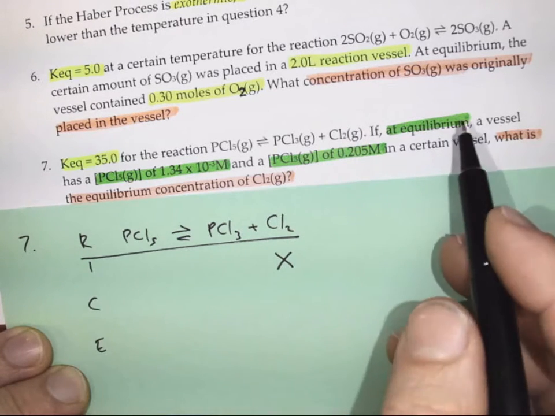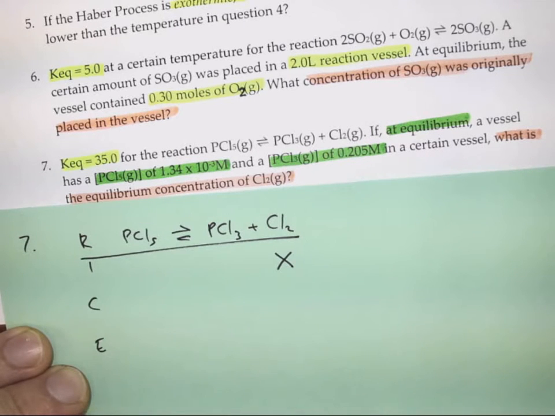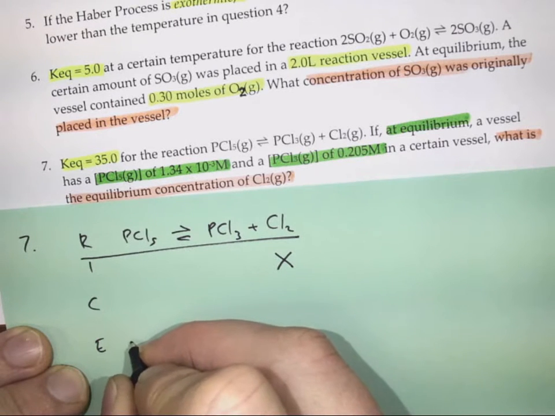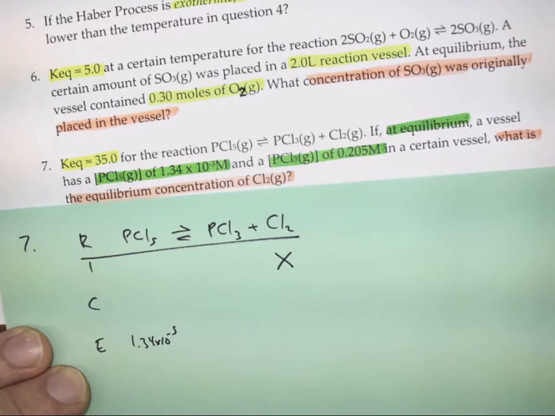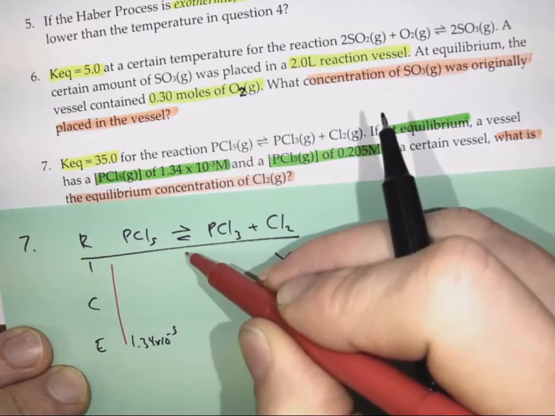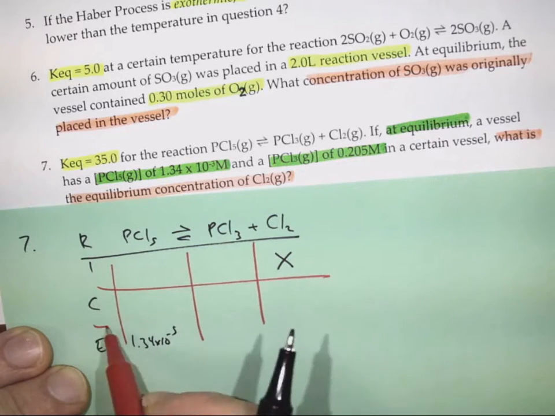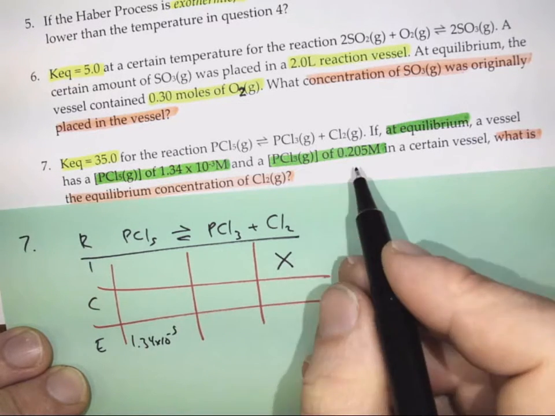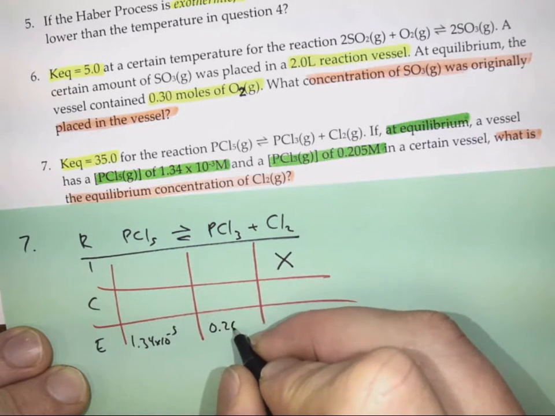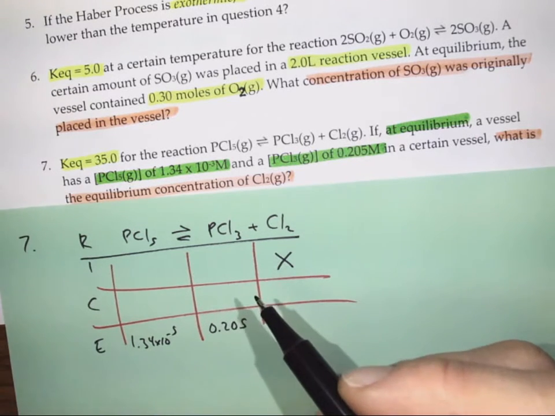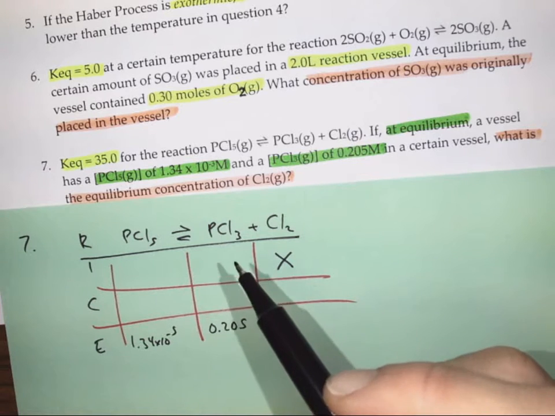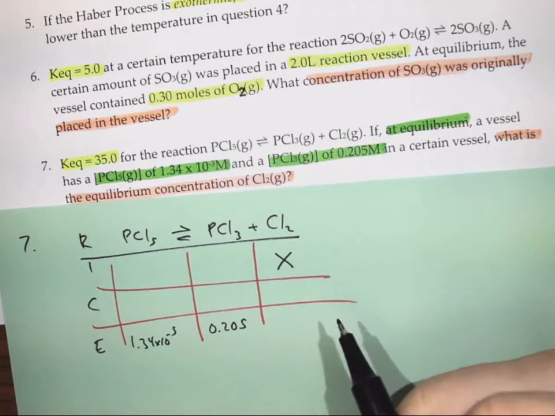We know the equilibrium concentration of phosphorus pentachloride is 1.34 times 10 to the negative 5, and I know this guy is 0.205 molar. And what is the equilibrium concentration of chlorine?